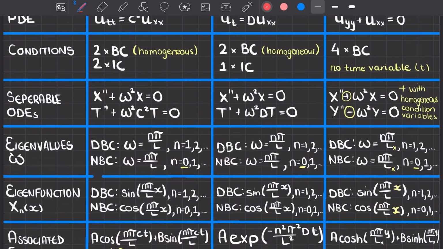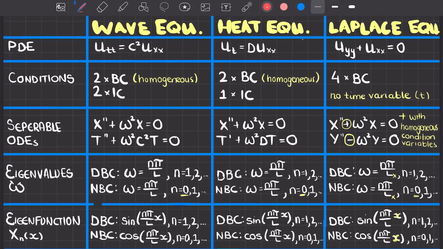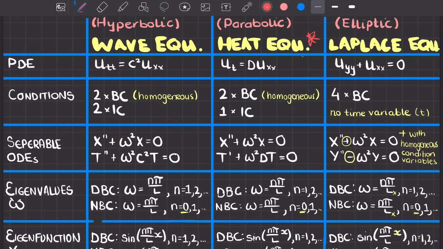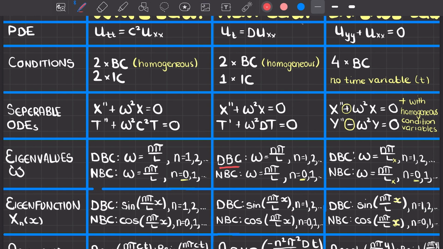So this here is the case for x equals 0 to x equals L, where L is any finite number. You'll see that we'll be doing the heat equation here. You'll see that our Dirichlet boundary conditions here will have a lambda equals n pi over L for our eigenvalue, where n starts at 1.